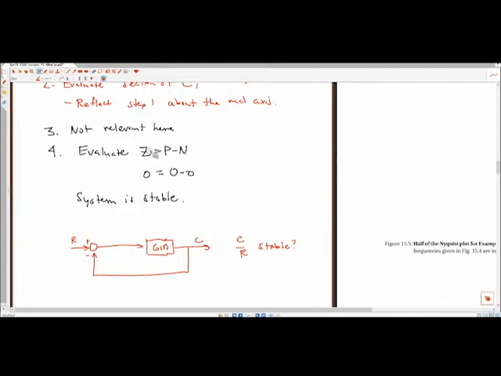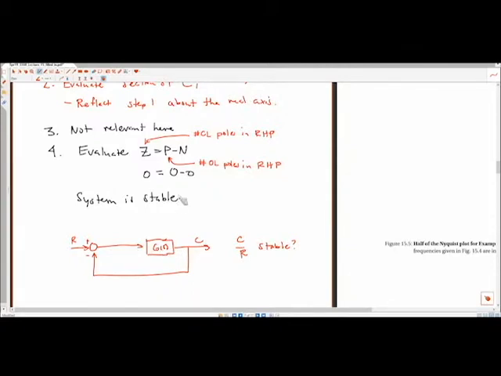As a reminder, this is the number of closed loop poles in the right half plane. This was the number of open loop poles in the right half plane. Open loop poles are the poles of G(s).